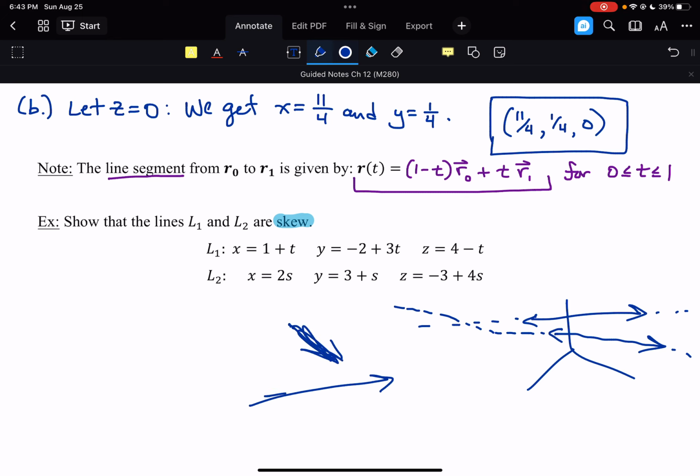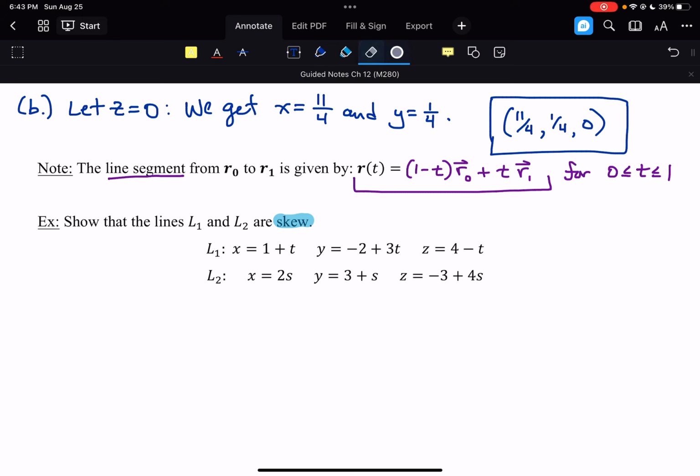They do not point the same direction, but they do not meet. They do not intersect anywhere because they're on different planes, essentially. Because we're working in 3D, those are skew lines in 3D. So when we say skew, we mean not parallel and do not intersect.